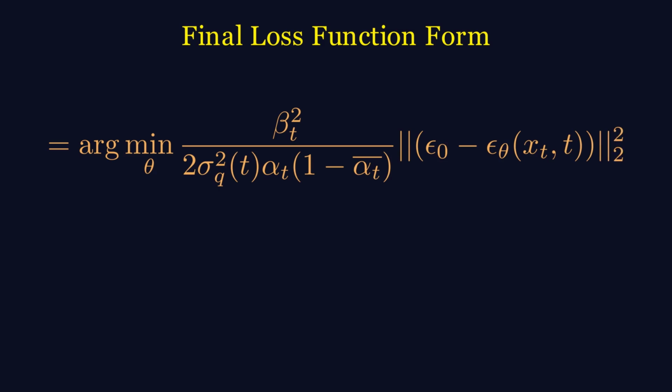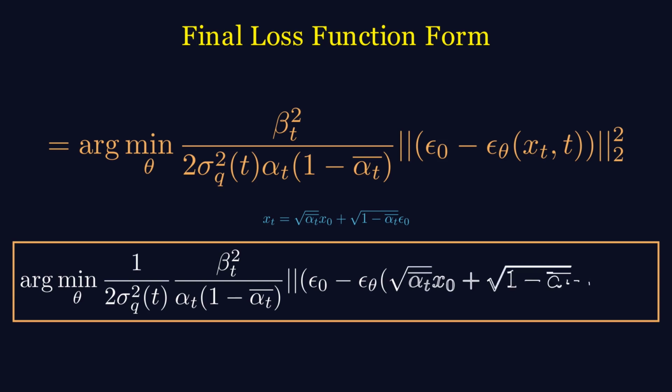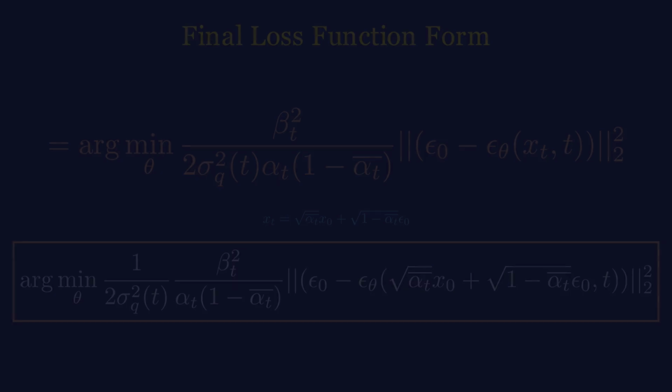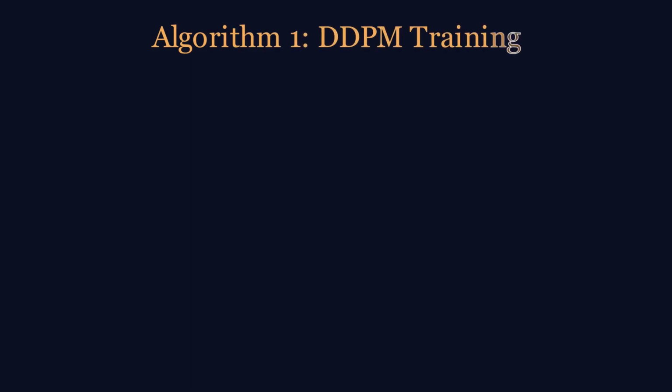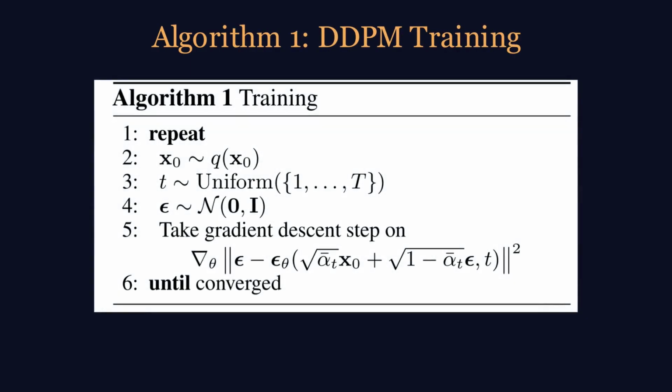Since x_t is root alpha_t bar x_0 plus root of 1 minus alpha_t bar epsilon_0, we can put that in and expand the final loss function in terms of x_0. And this leads to Algorithm 1 for the training procedure. This screenshot is taken from the paper.